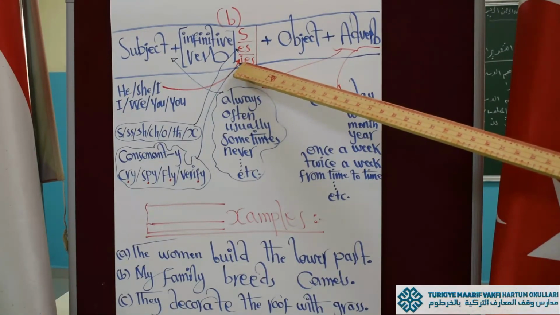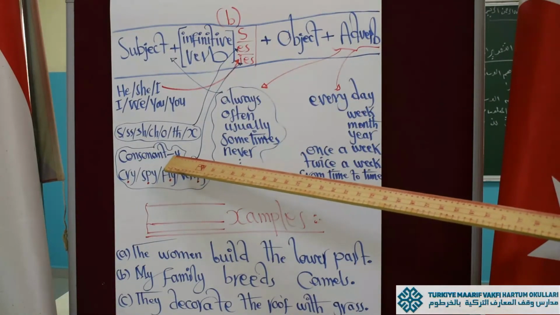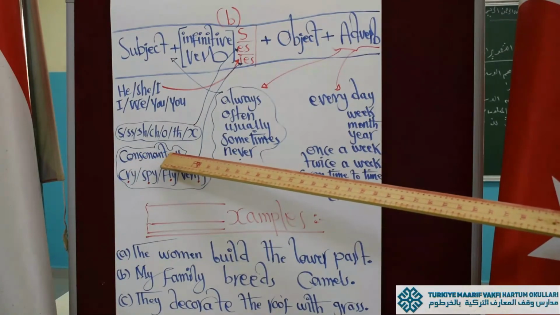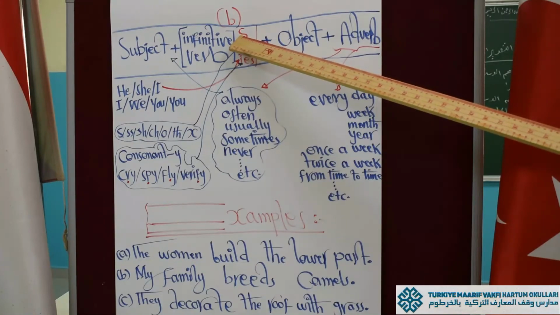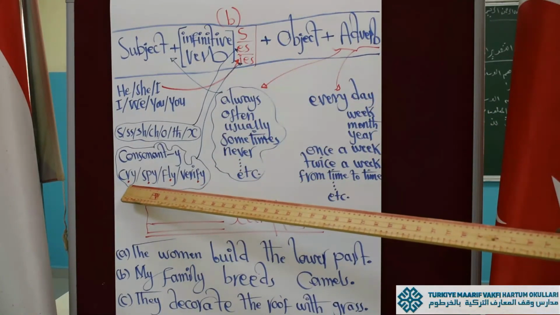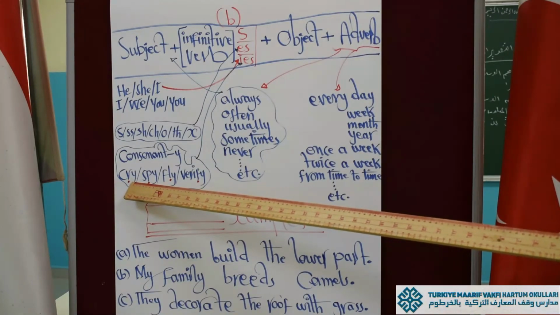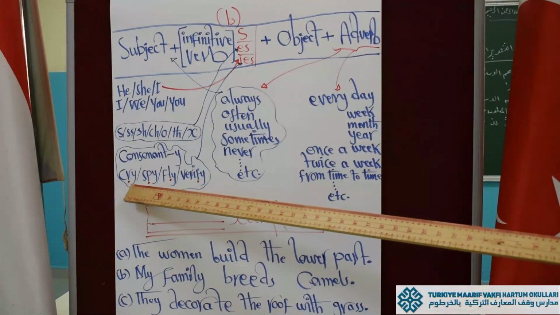So it becomes ies. Examples for verbs that end in y and before that y is a consonant, not a vowel. Because if it is a vowel, we can add s as it is. Like cry. Cry is a verb that ends in y, but before y is a consonant letter.